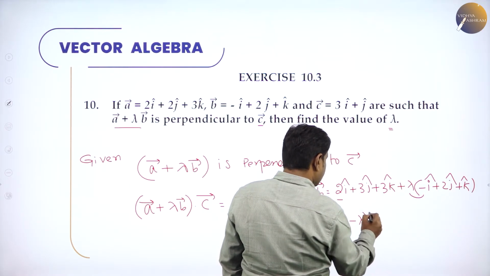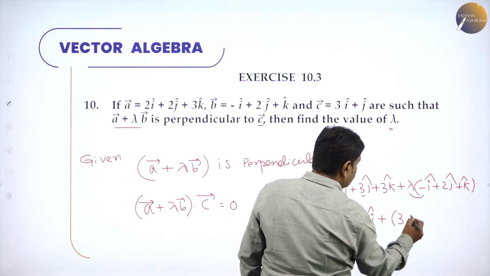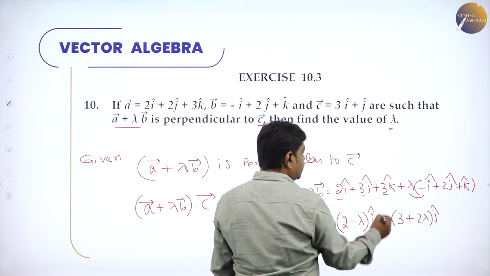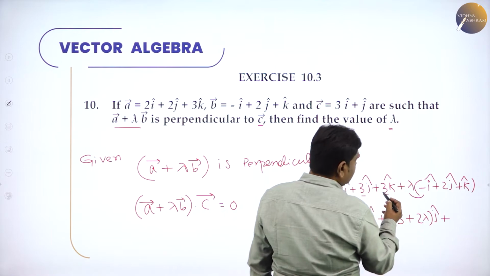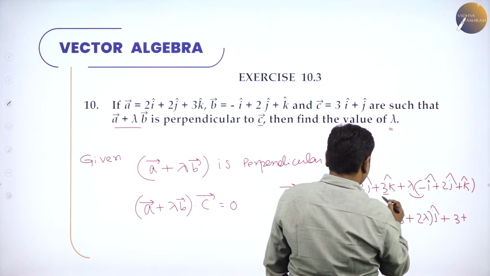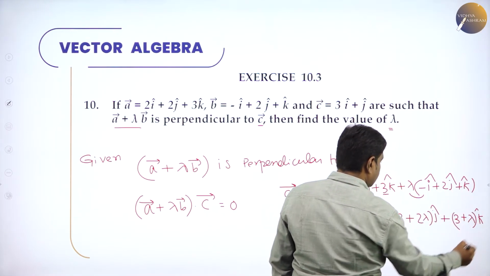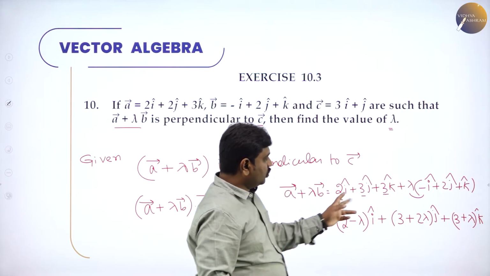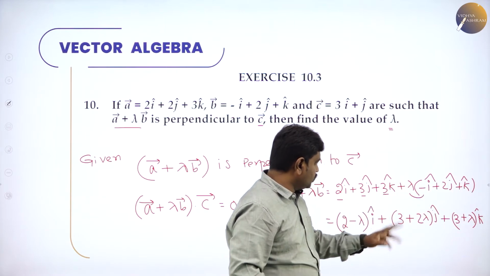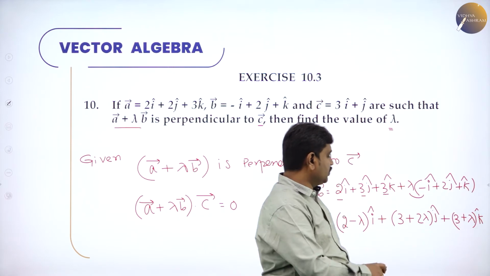Then take j common: 3 plus 2 lambda j cap. And taking k common: 3 plus lambda k cap.